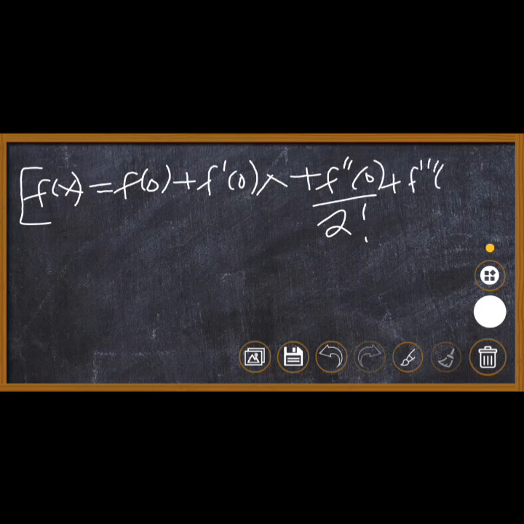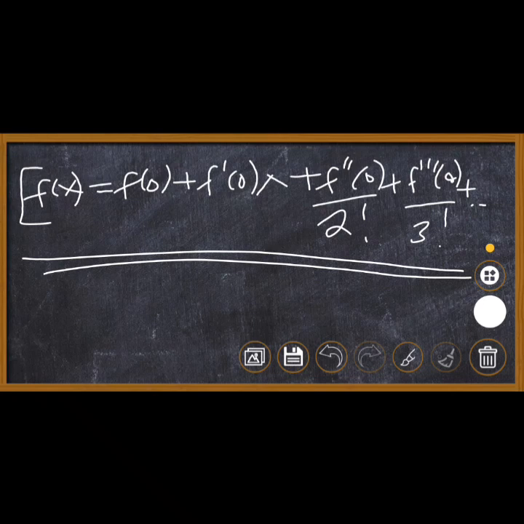Now you can keep on going, and the pattern is just going to be the same like we have done before. So this is how we derive the formula for Maclaurin's theorem.